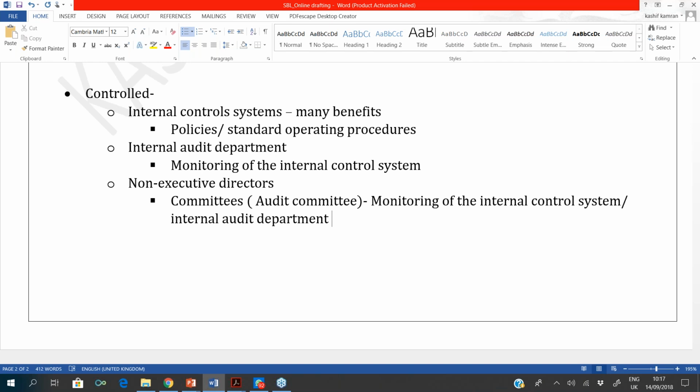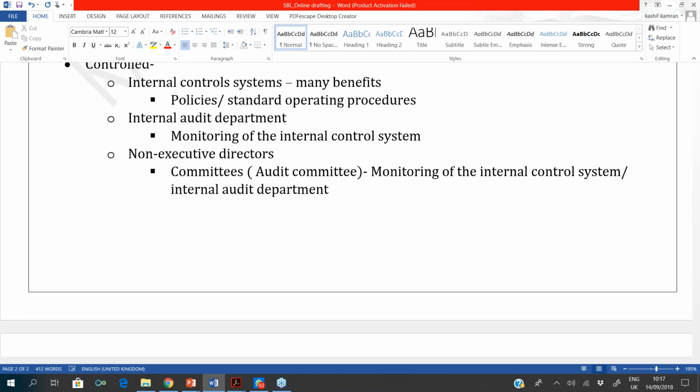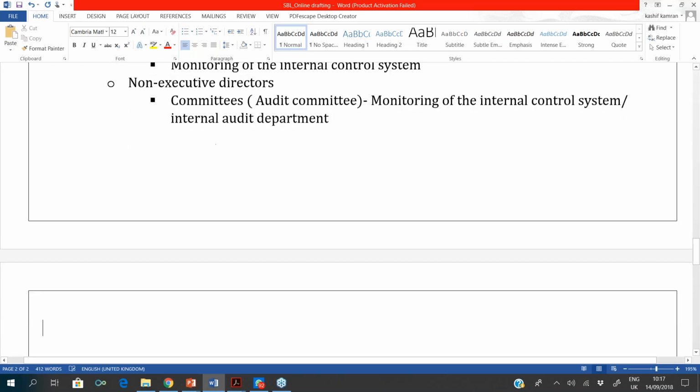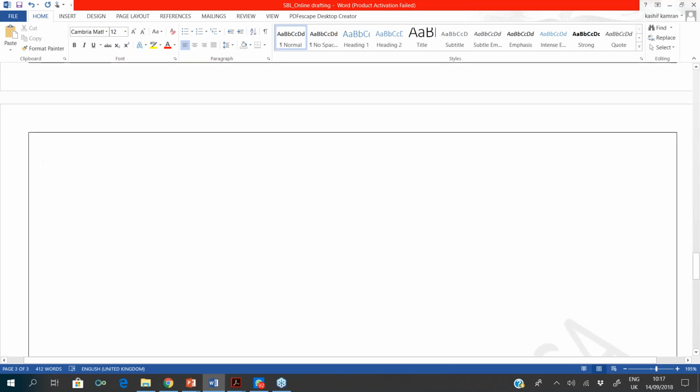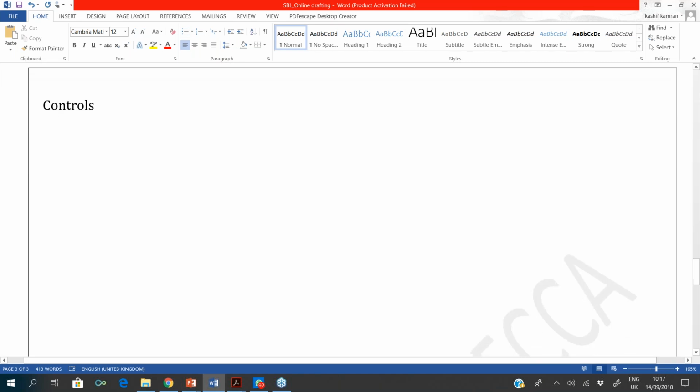Controls are important, right? If I have to illustrate controls and the importance of controls, I'll be illustrating it this way. If you look at the controls, this is how they should look.